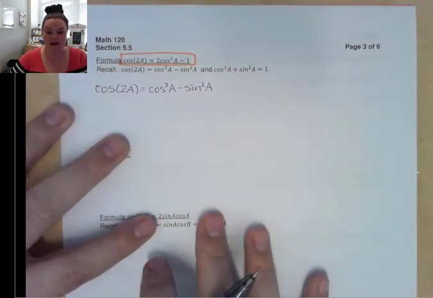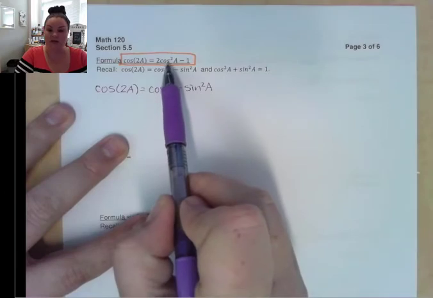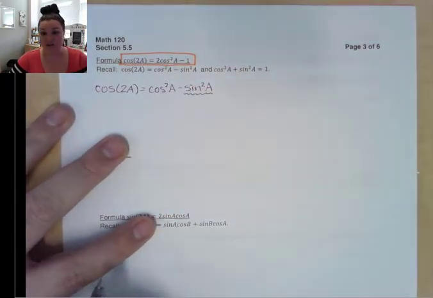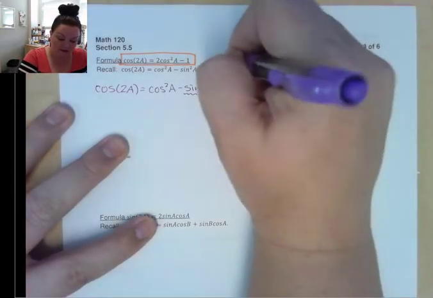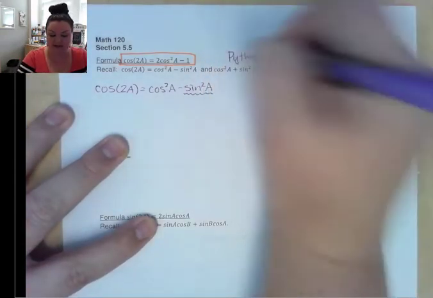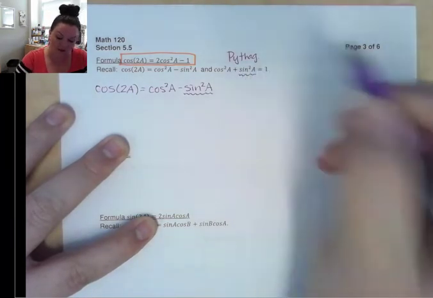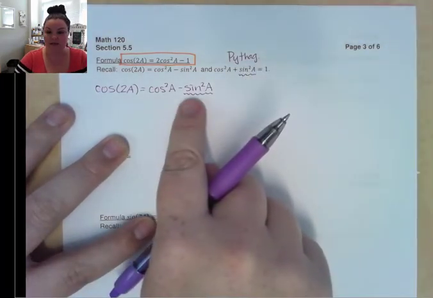Okay. Now, we want to end up with just cosine terms. So now the sine squared a is what I want to get rid of, right? So I'm going to use this Pythagorean identity that we have written here, and I'm going to solve it for sine squared a so that I can replace this, right?